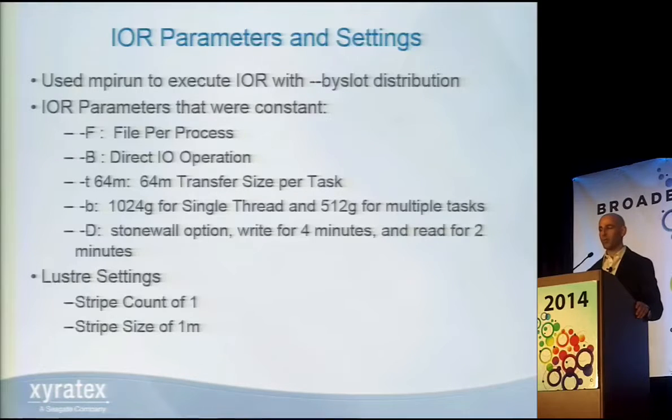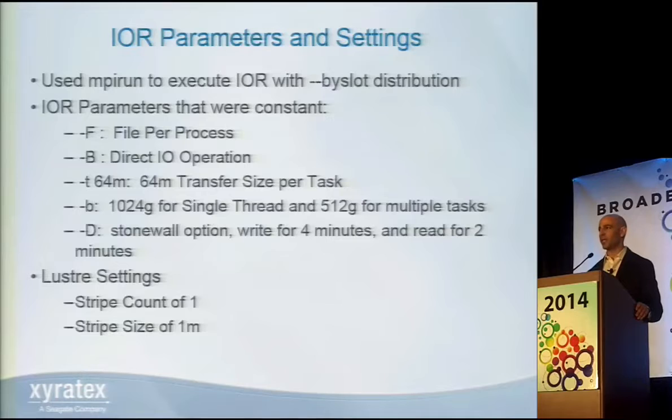The parameters I used were file per process. I standardized on direct I/O instead of buffered I/O. I used a transfer size of 64 megabytes because the GridRAID OSTs are trying to maximize performance. And I used a really large block size per task because I wanted to use the stonewall option to read and write. So I was writing for 4 minutes, then reading for 2 minutes.